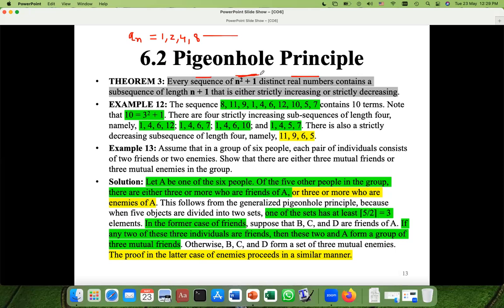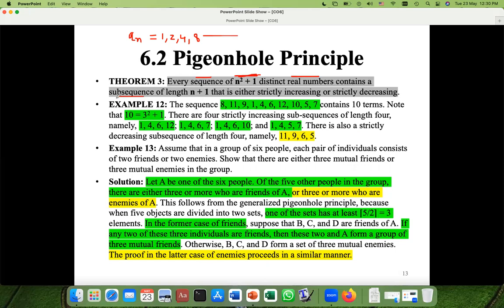This is the format, giving the total size of the sequence. So every sequence of this size will contain a subsequence.